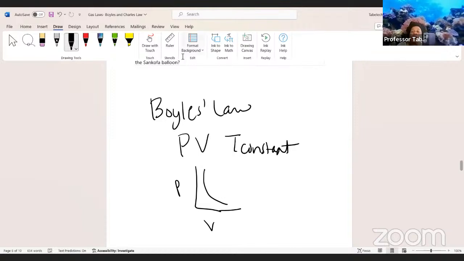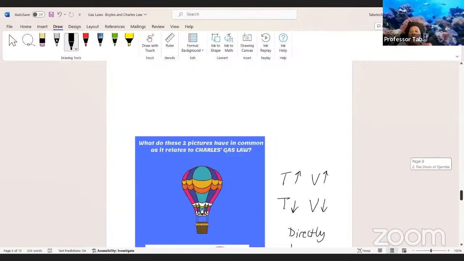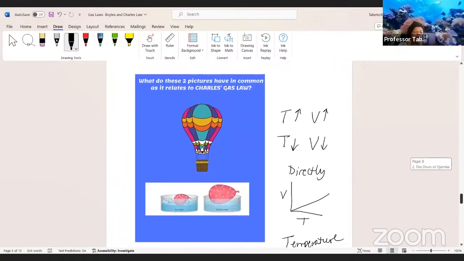Something else that we talked about yesterday dealt with Charles's law. Charles's law deals with temperature and volume. What you needed to know is that they both go up at the same time, and they both go down at the same time. So if the temperature goes up, the volume is going to go up. If the temperature drops, the volume is going to drop. That's because they are directly related to each other, so your graph will have a straight line in this case.